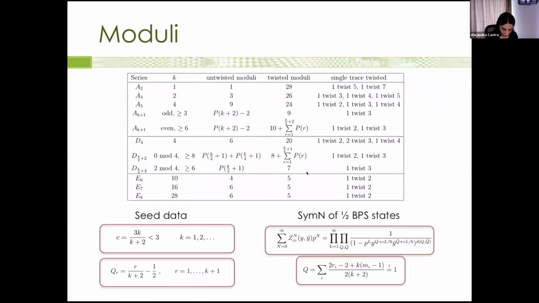It depends a little bit on the theory. Sometimes you just get 1, but sometimes you have 4, here you have 3, and it depends on the theory. But what is interesting to note is that you have more in the twisted sector, you also have multi-trace deformations.